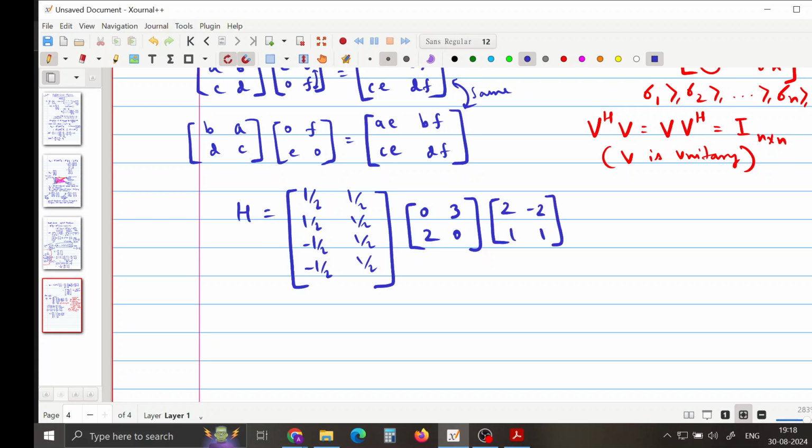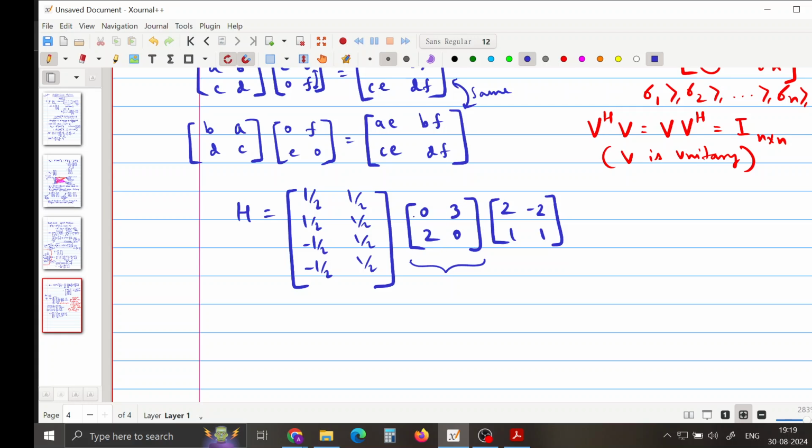Okay, now you still see, we are not yet done, because my middle matrix has to be a diagonal matrix, right? But this is not a diagonal matrix. So to make it a diagonal matrix, what we can do is we can now swap the columns for this matrix, right?